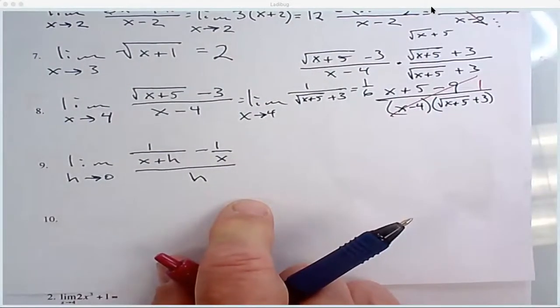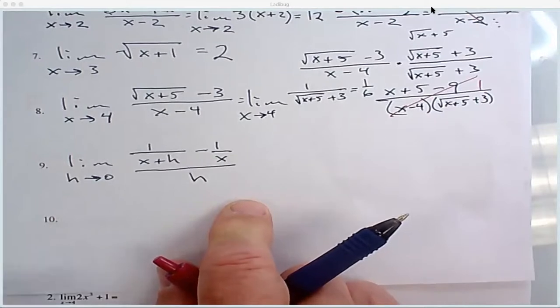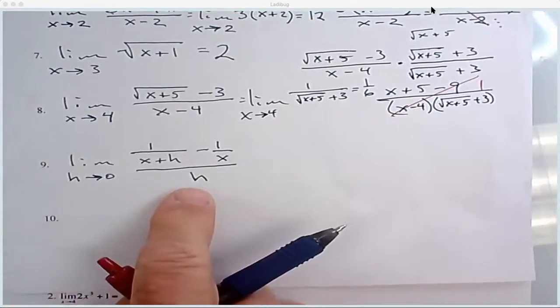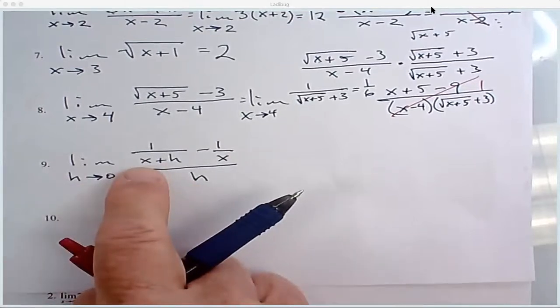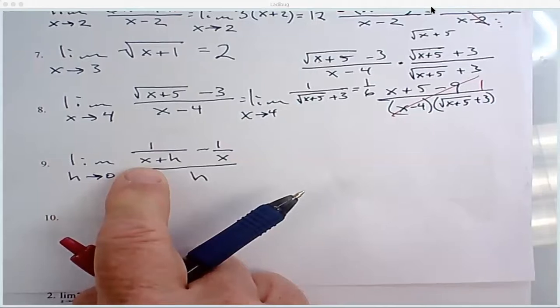So I'm going to tell you what's going to happen. First of all, this h that you're dividing by is going to be gone. This h does not affect x. X can be whatever it wants to be. It's still going to be our input value. Does everybody understand that?